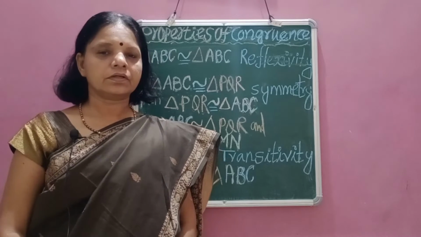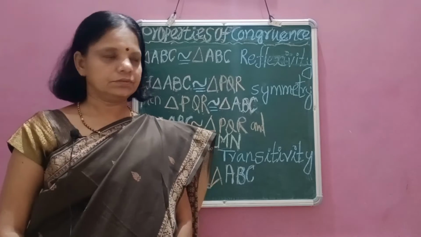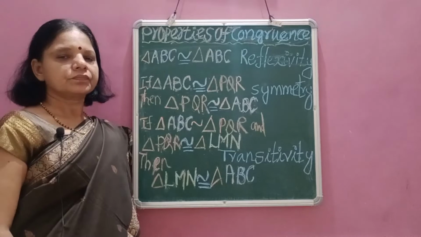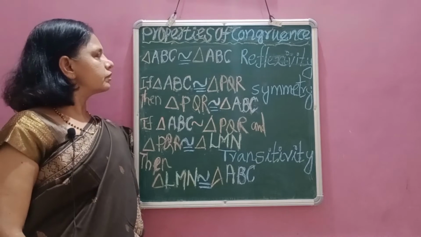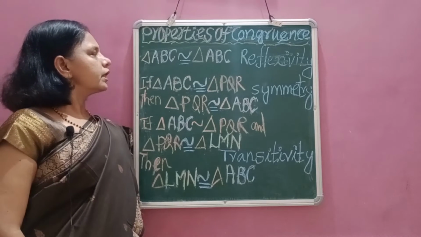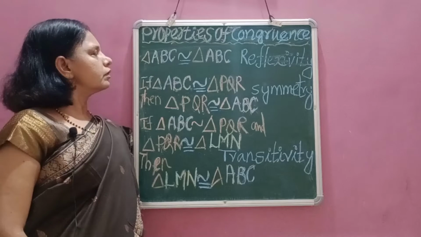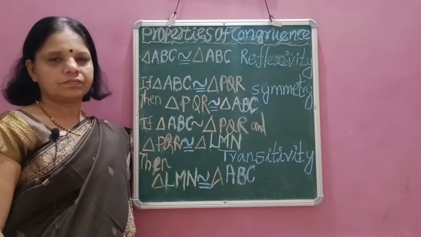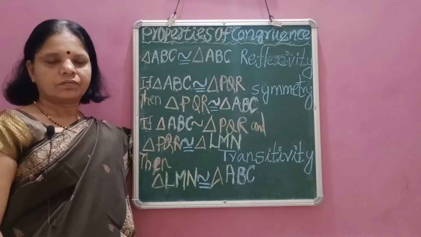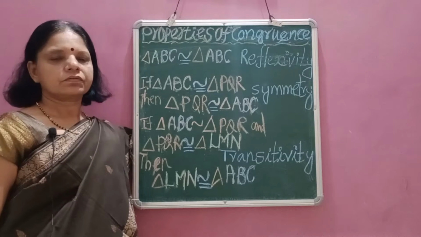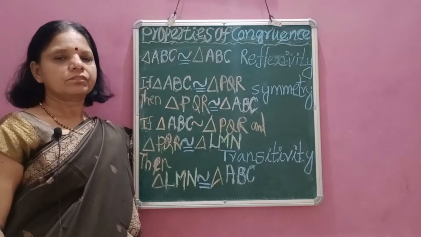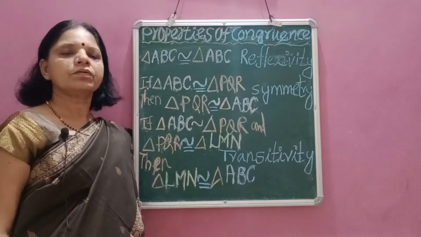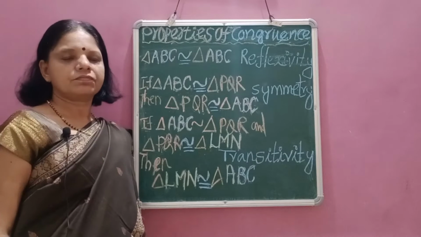Here consider the triangles first. So here the first property is: triangle ABC is congruent to triangle ABC. Only one triangle is there. What is mentioned? Every triangle is congruent to itself.